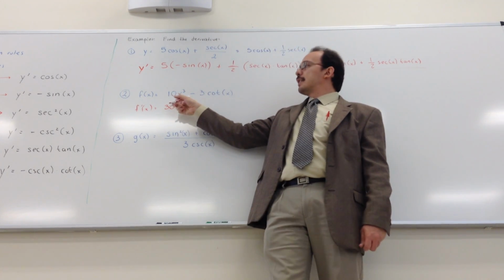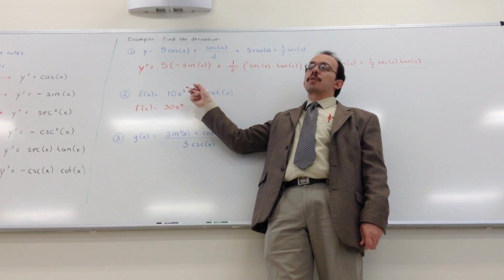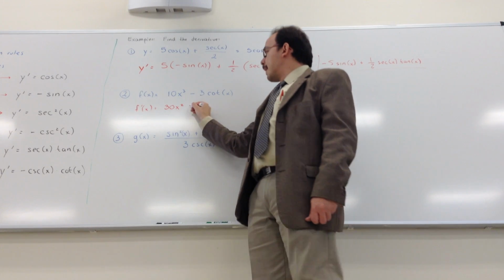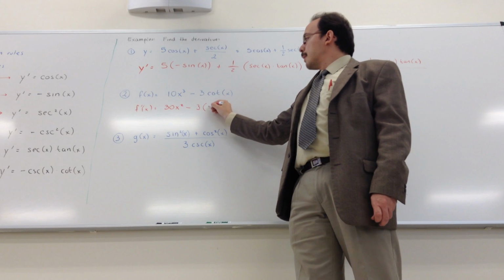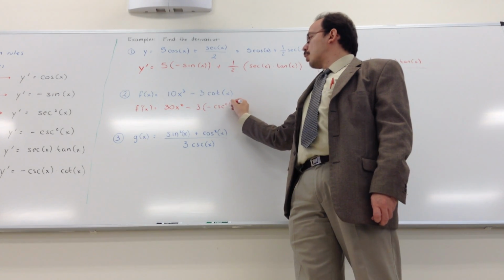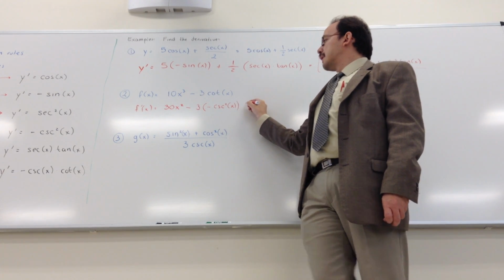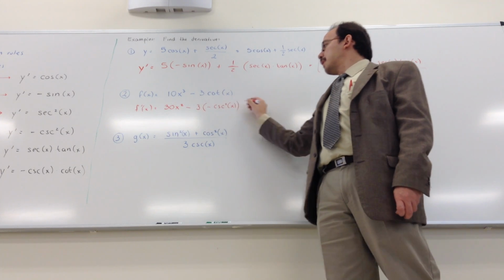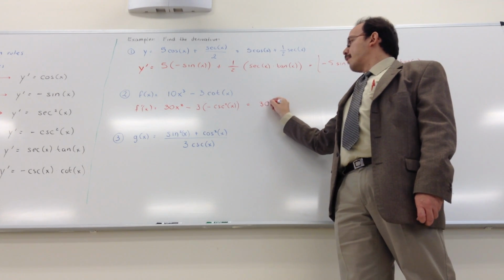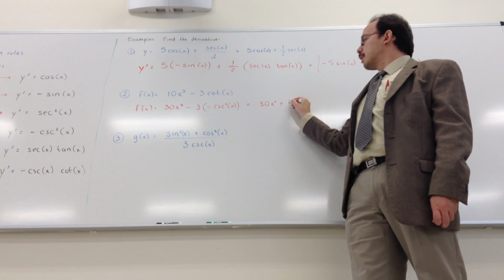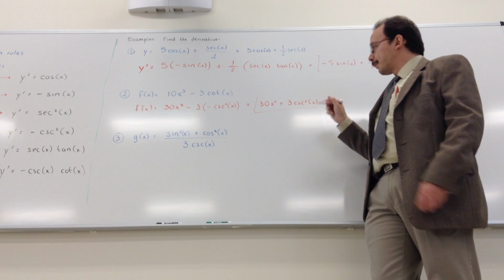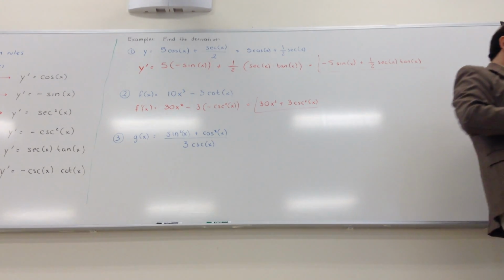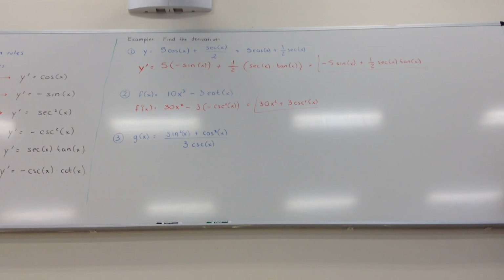Because the 10 stays, the x to the cube becomes 3x squared. So it's 30. Minus 3 cotangent derivative, negative cosecant square of x. Simplify, well, this times this will be positive, so 30x squared plus 3 cosecant square of x. I just apply the rules directly.